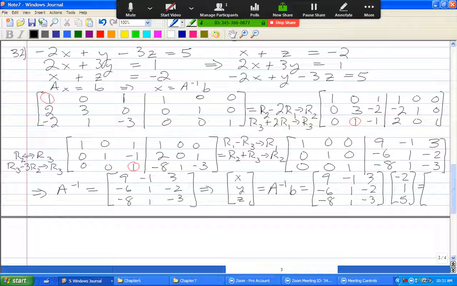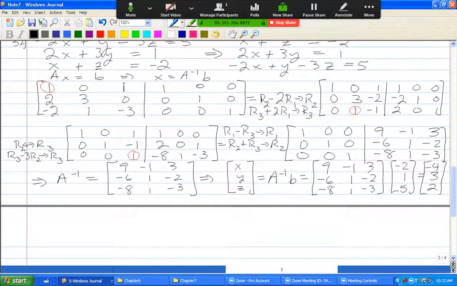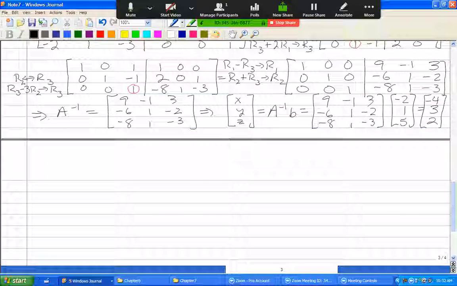Oh, why did I just... Minus 18 minus 1 is minus 19, plus 15 is minus 4. 8, 12, plus 1 is 13, minus 10 is 3. 16 plus 1 is 17, minus 15 is 2. And so I get the following.